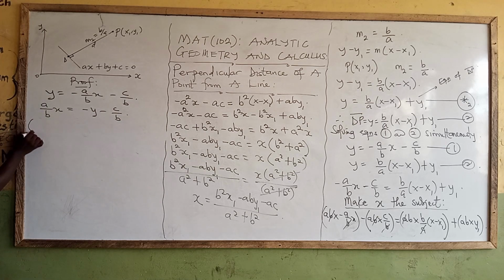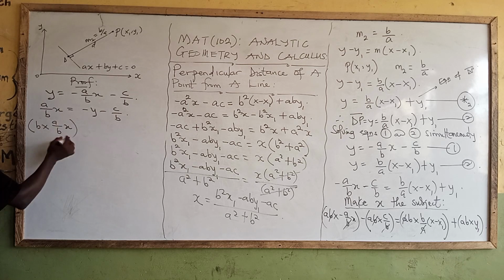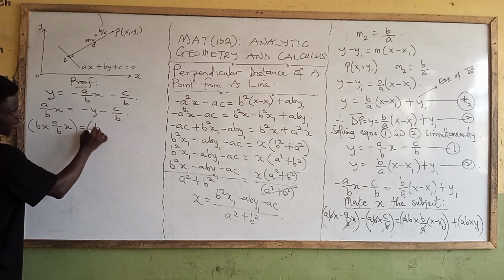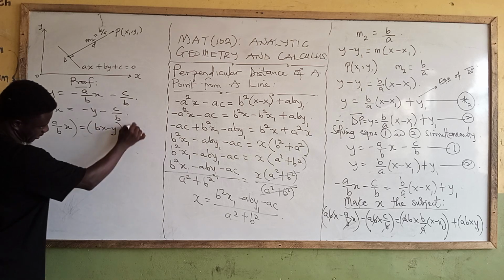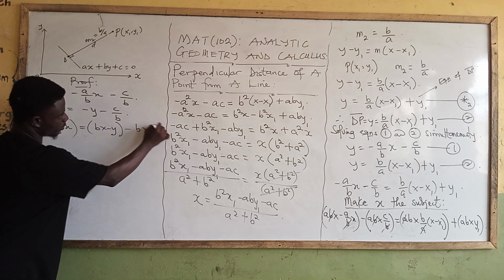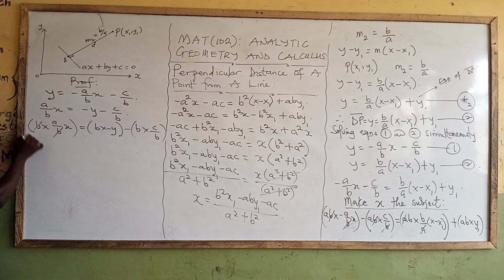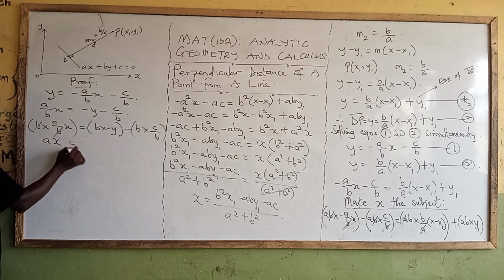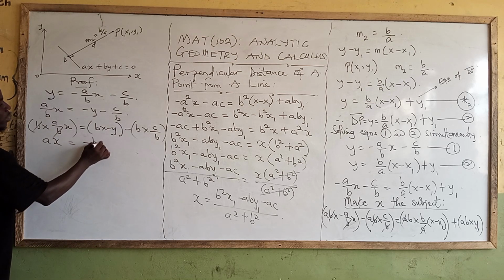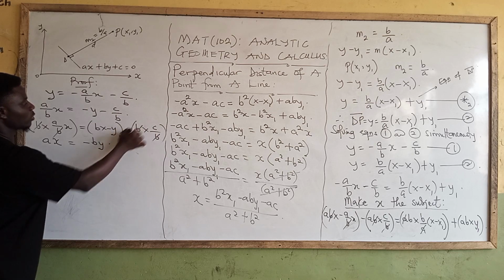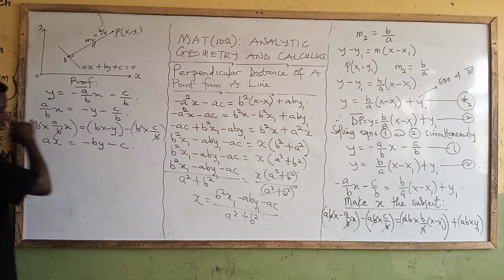That's the LCM. So I have b times a over b x equals b times negative y minus b times c over b. So this one cancels, so I get ax equals negative by, and this one too cancels, negative c.